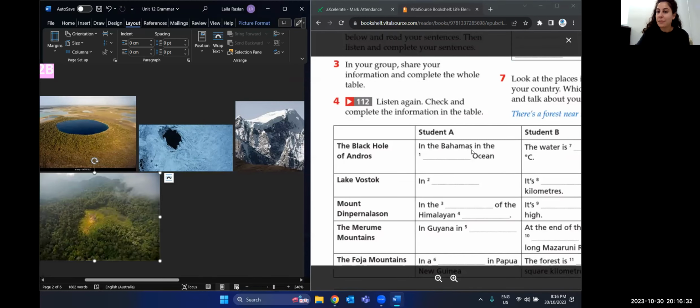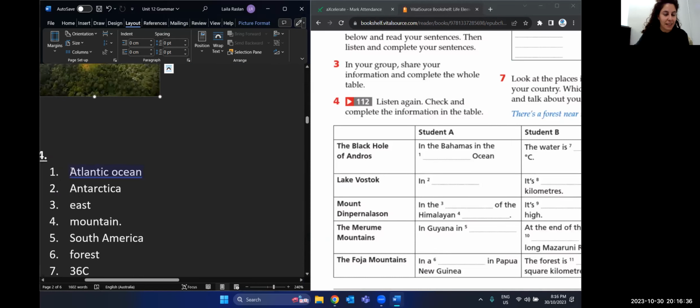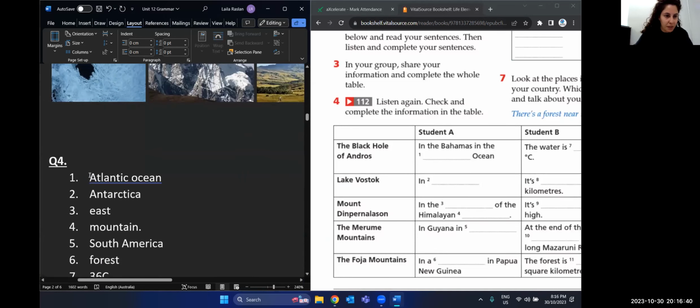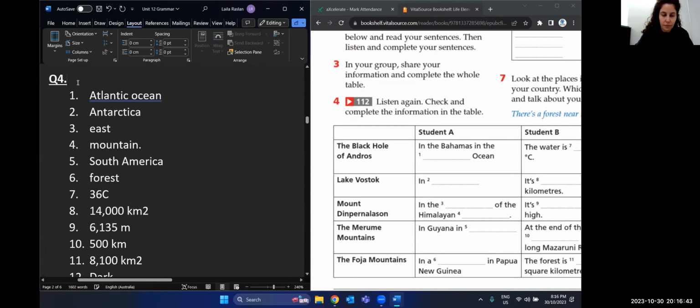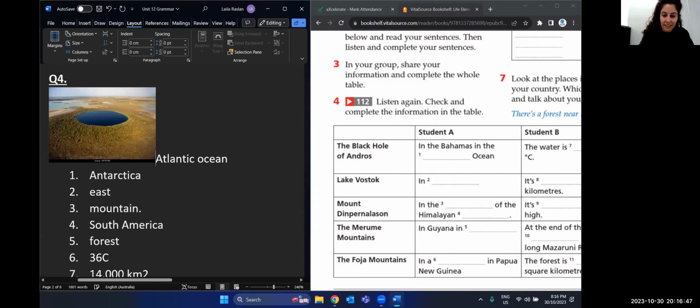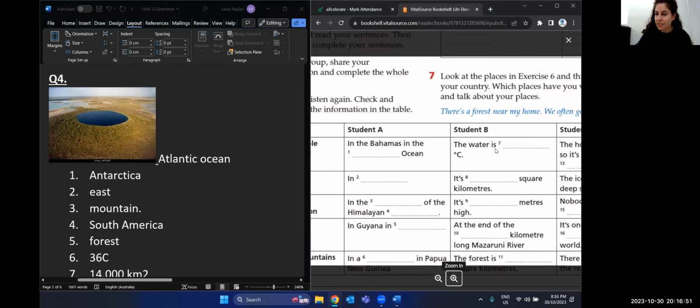So in the Bahamas, in the Atlantic, that's where the black hole is. So what I'm going to do is put the image. We know it is in the Atlantic. I'm going to go to number 7 because I want to stay talking about the black hole.